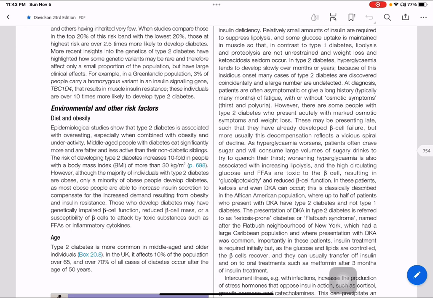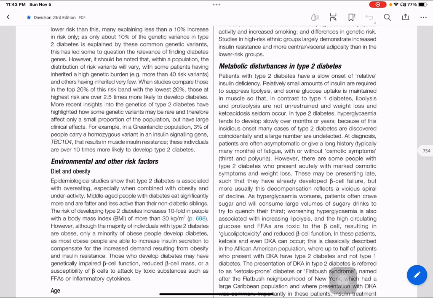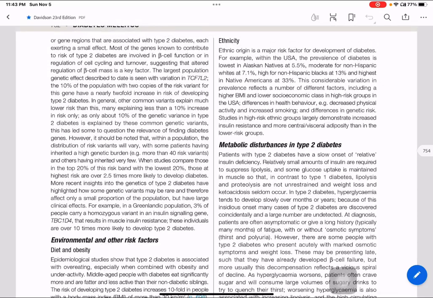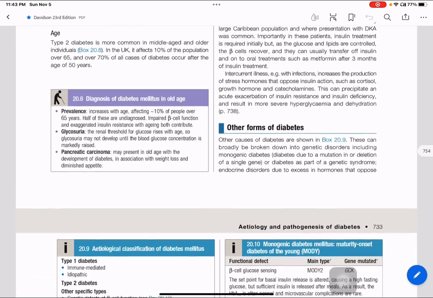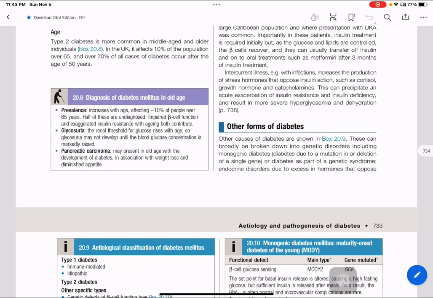It occurs in old age people who are obese, who have a sedentary lifestyle, who do not take adequate exercise, and who lead a very stressful life. So this causes type 2 diabetes mellitus.